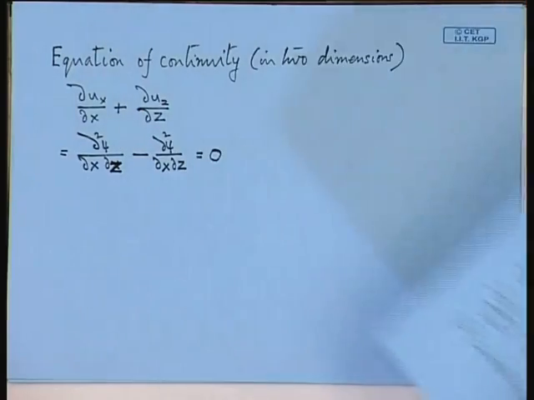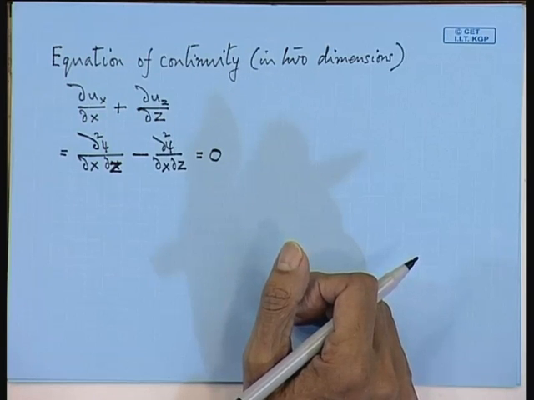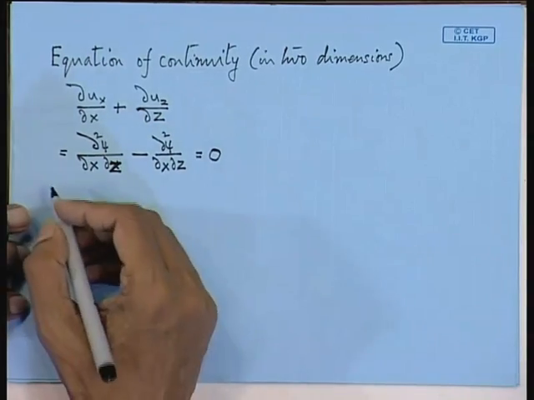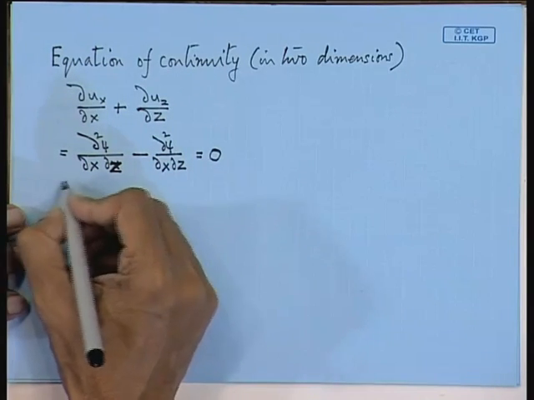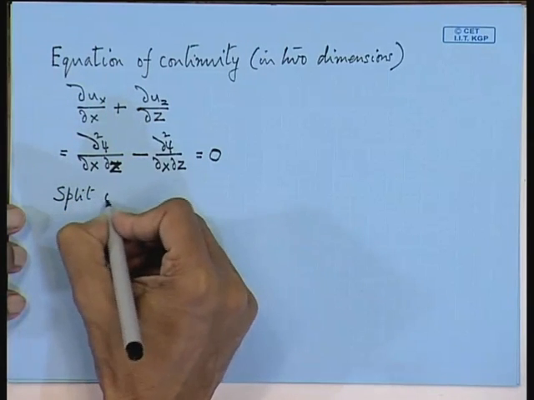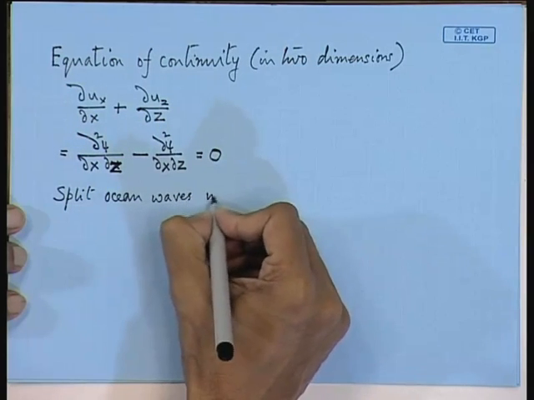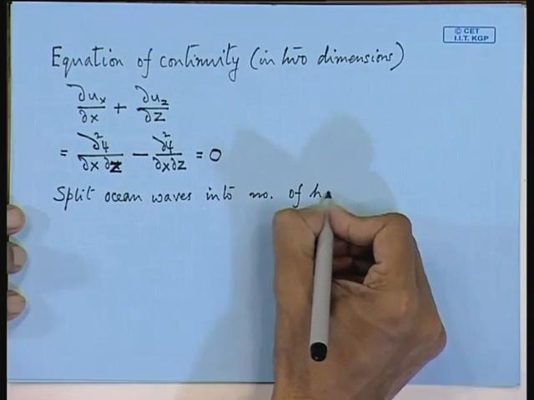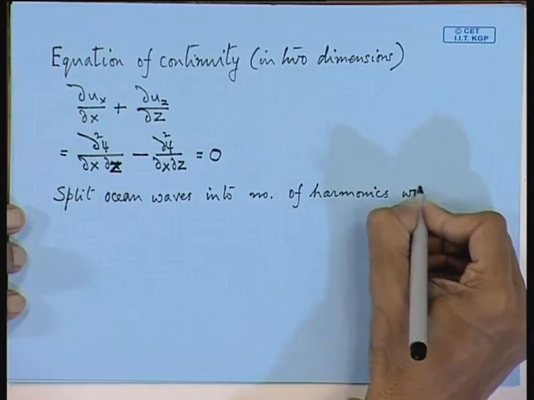Now, with this you formulate this stream function. Now, actually here also you split the ocean wave into a number of wavelengths or number of harmonics with the stream function.